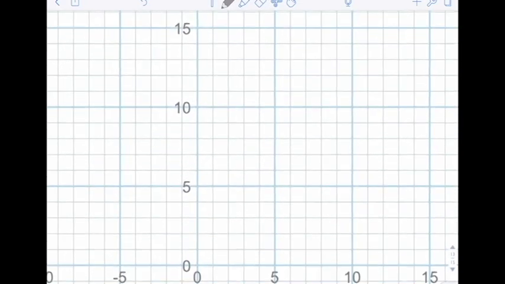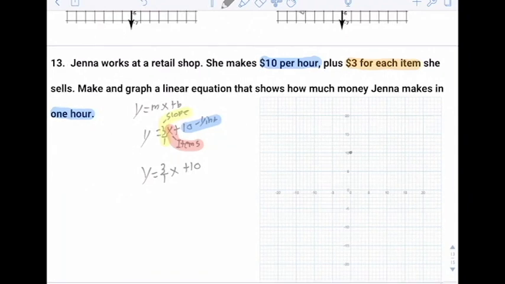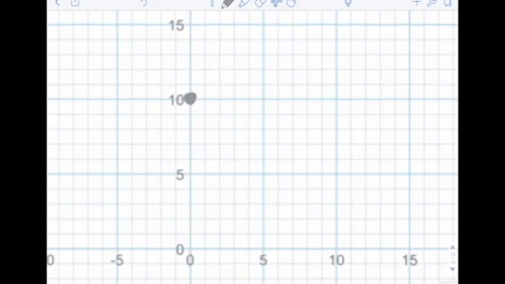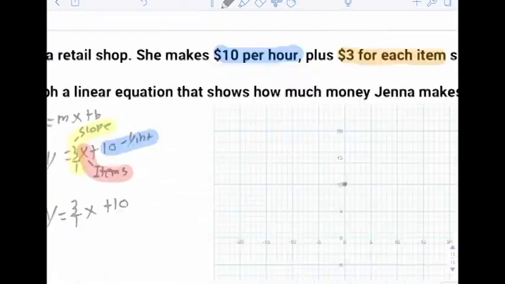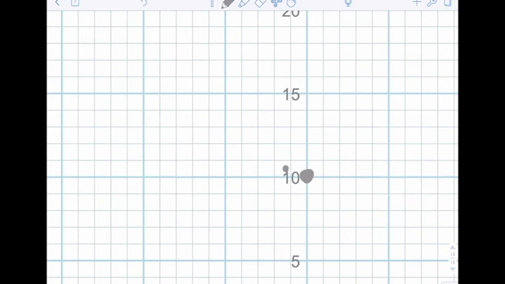So let's go ahead and make that at 10 because the y-intercept is 10. Then you'd want to do $3 for each item she sells. So 3 over 1. So this is the y-intercept right here.